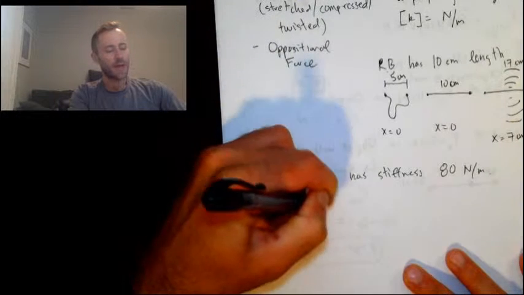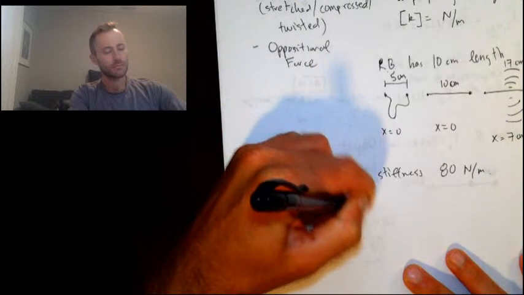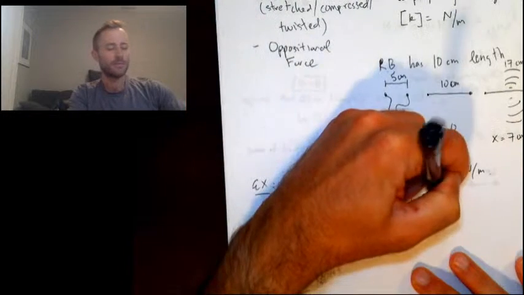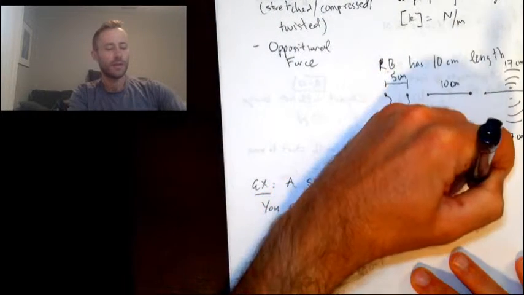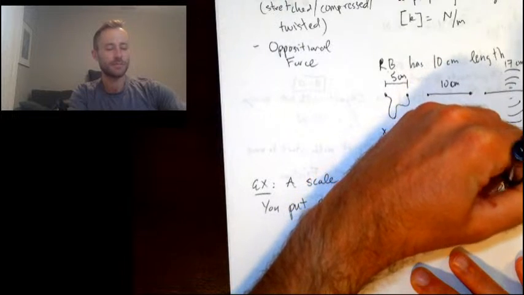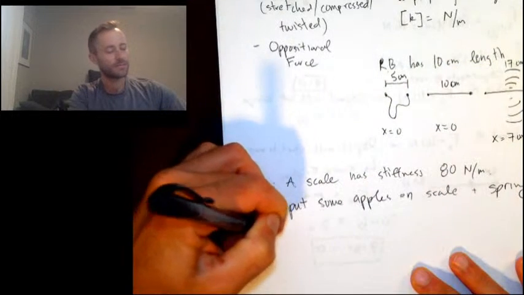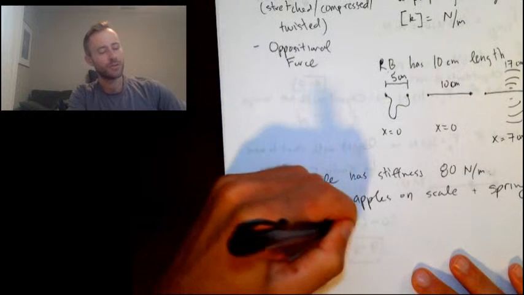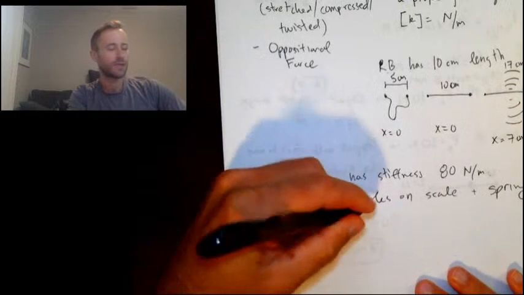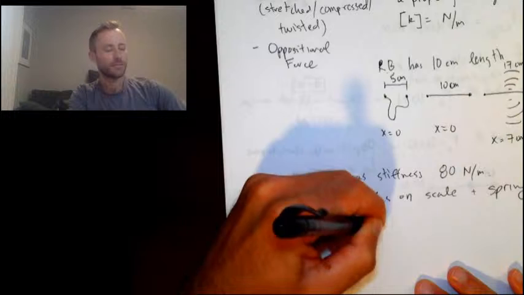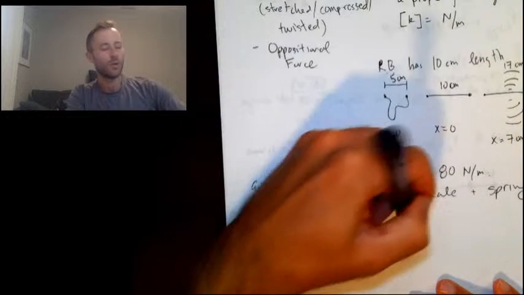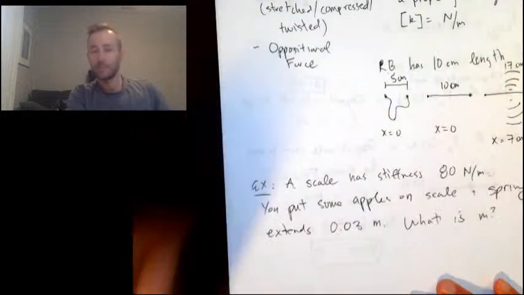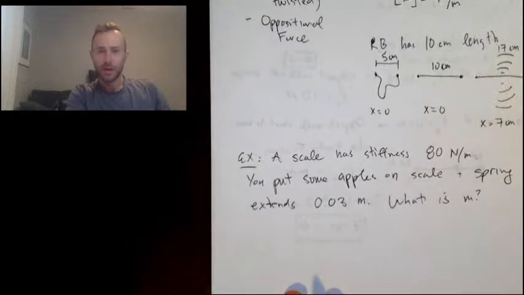You put some apples on the scale, and the spring extends 0.03 meters. What is the mass of the apples?